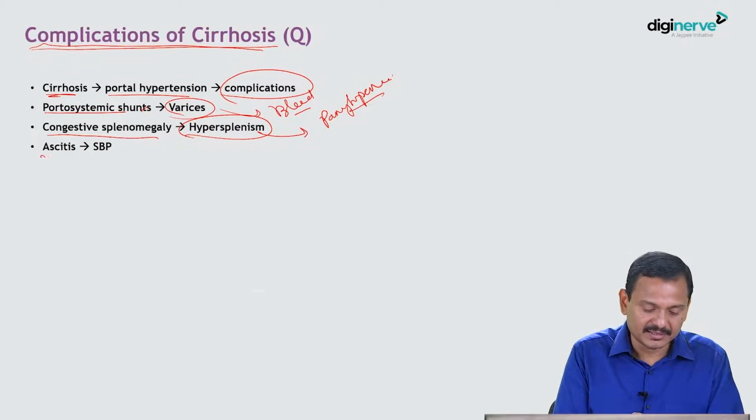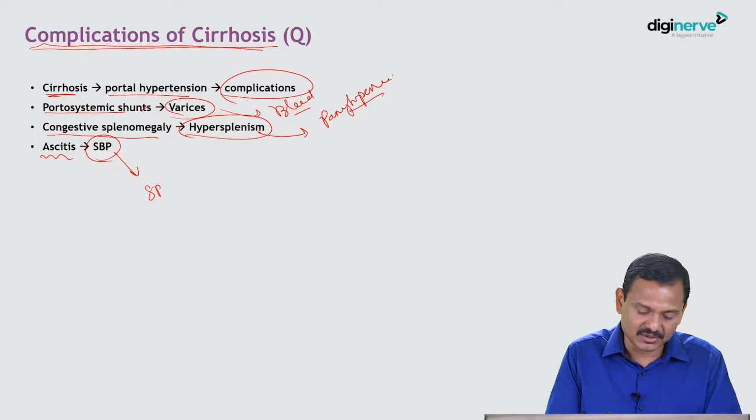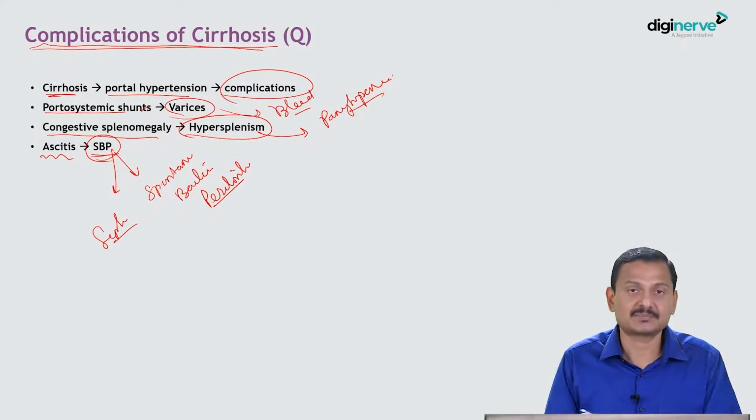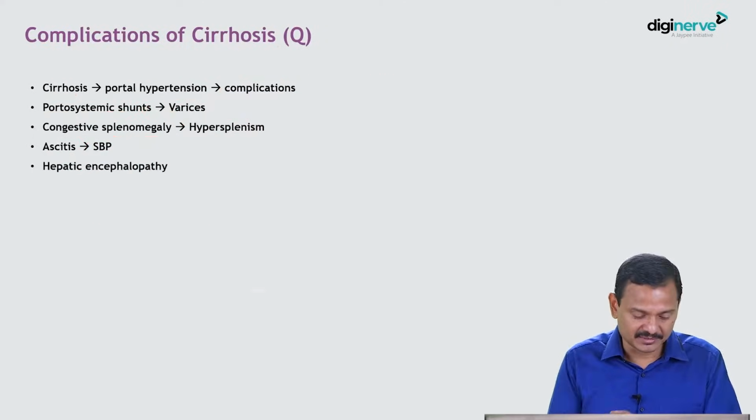Then there can be ascites. Now ascites can get infected, that is called spontaneous bacterial peritonitis. In short it is written as SBP, and this SBP may lead to septicemia, and septicemia may cause death.